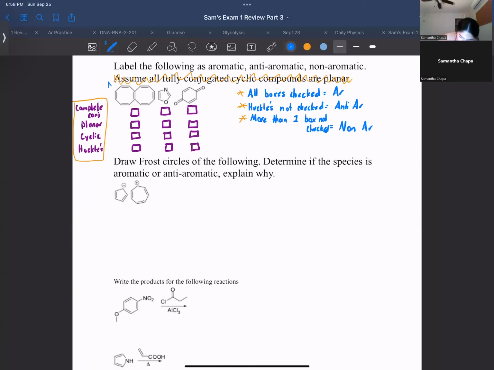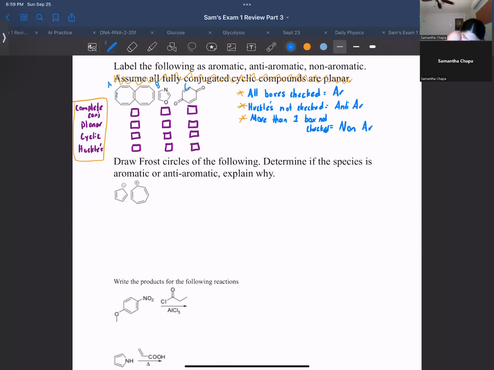I'm going to say this is A, B, and C. For A, we have a bicyclic compound, and so anything within these two circles, we're going to count for pi electrons. Okay.